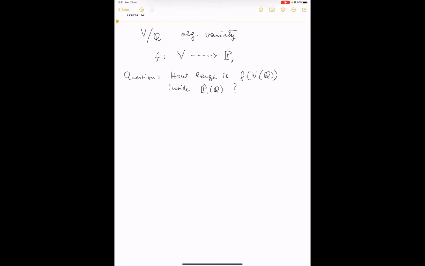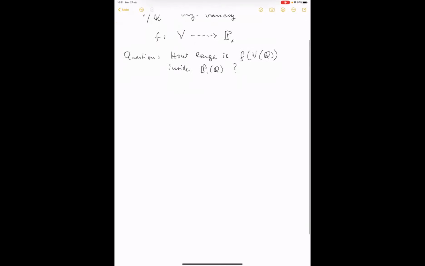So this is very general, very vague. So let me illustrate various aspects with examples.